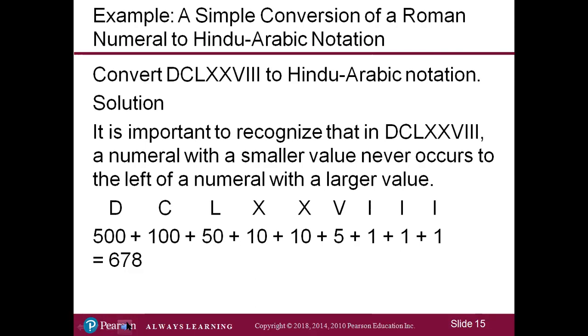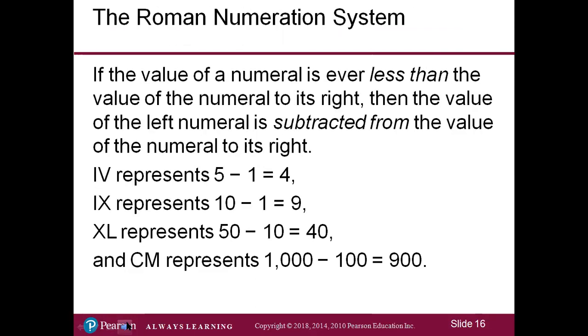So as you read from left to right, the numeral values decrease. So we have 500 plus 100 plus 50 plus 10 plus 10 plus 5 plus 1 plus 1 plus 1, which equals 678.